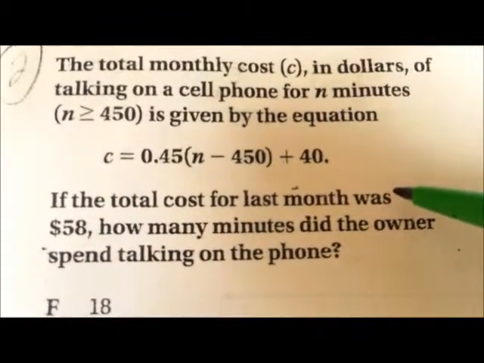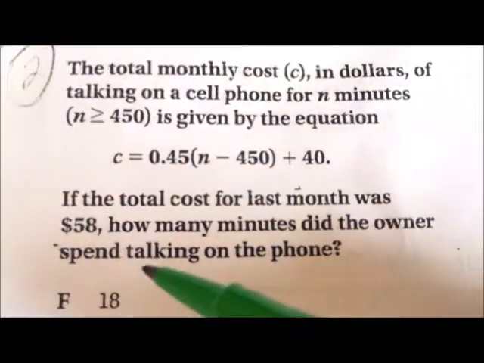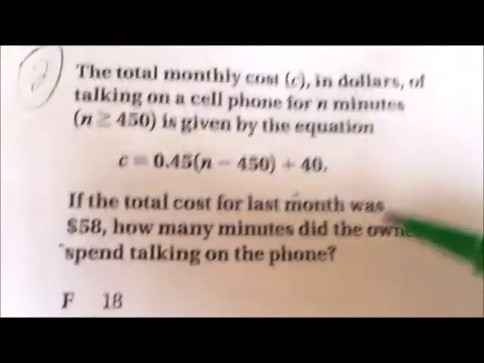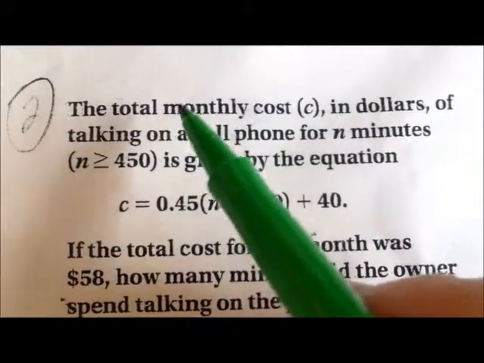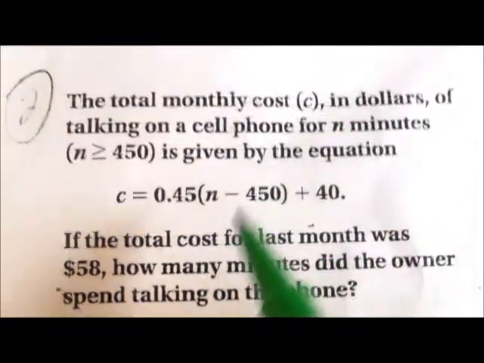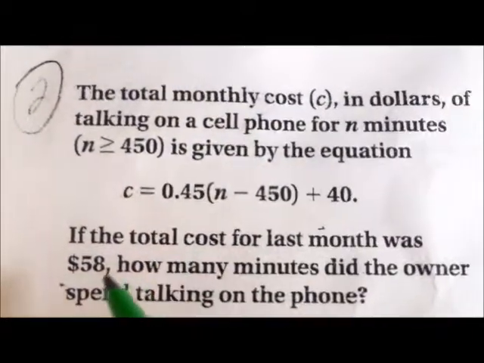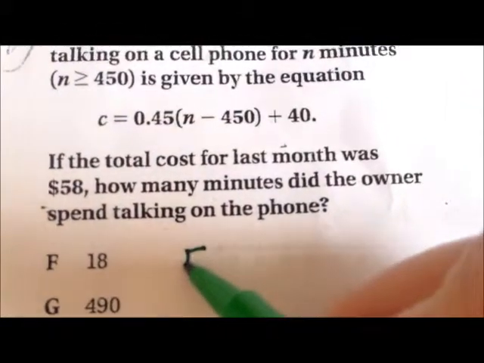And if the total cost for last month was $58, how many minutes did the owner spend talking on the phone? Well, they gave us this equation and they told us that the total monthly cost is represented by C, and then they tell us the total cost was $58. So I'm going to take this $58 and substitute in for C.